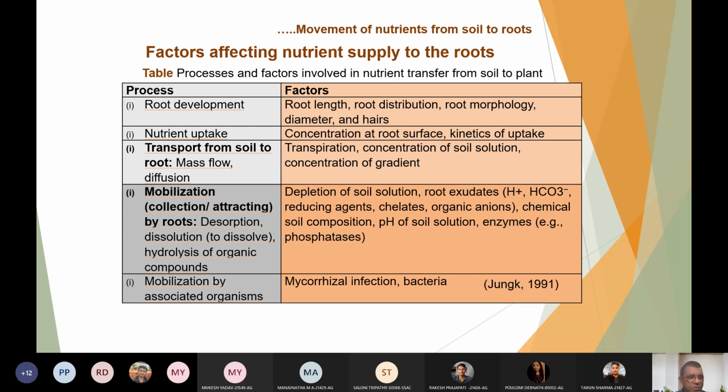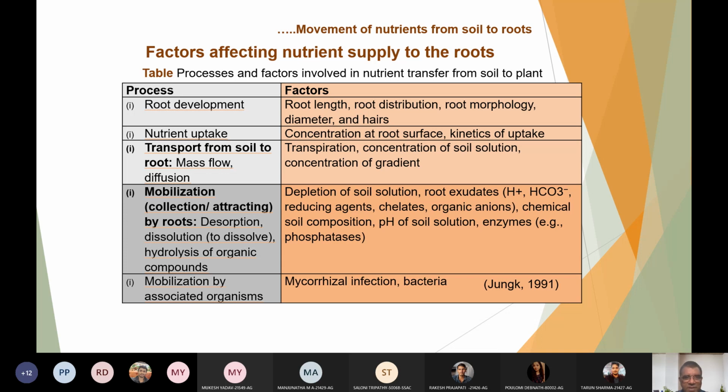So dissolution, to dissolve, and then hydrolysis of organic compounds. The plant is doing this. So how is it doing it? Depletion of soil solution is the factor. Root exudates are released, and reducing agents are also released by the plants. Chelates are released for iron uptake. Organic anions too.